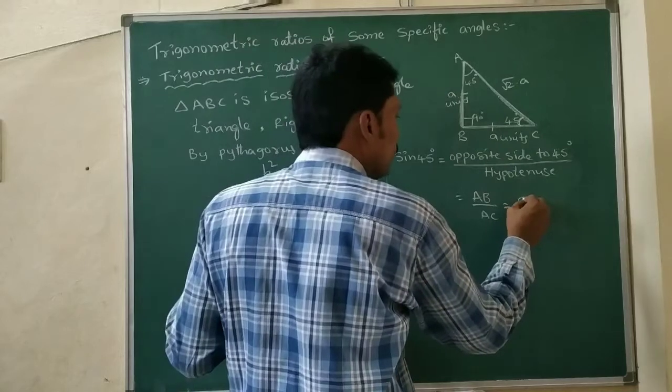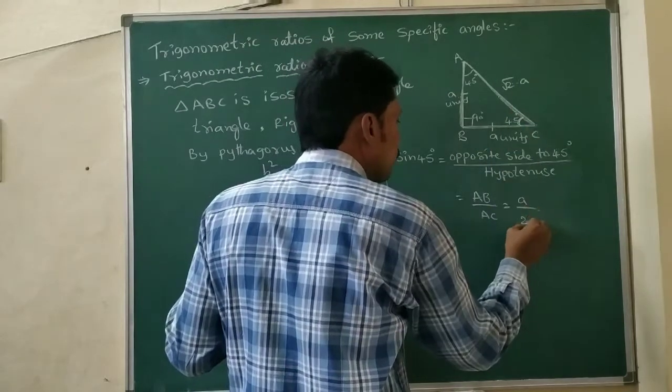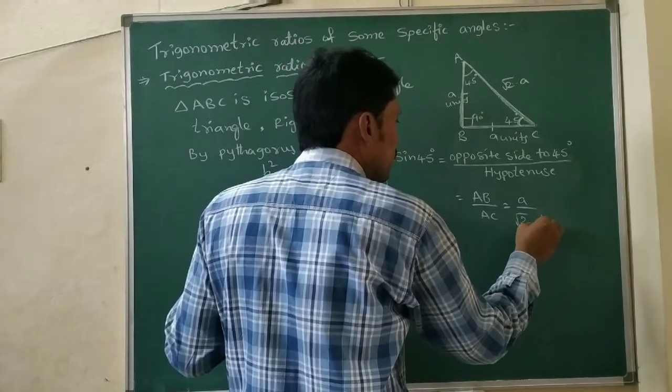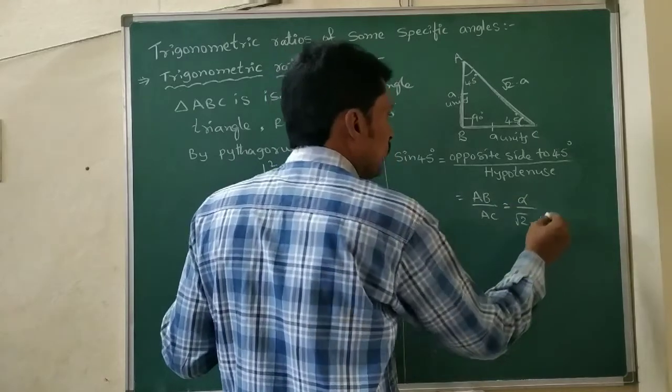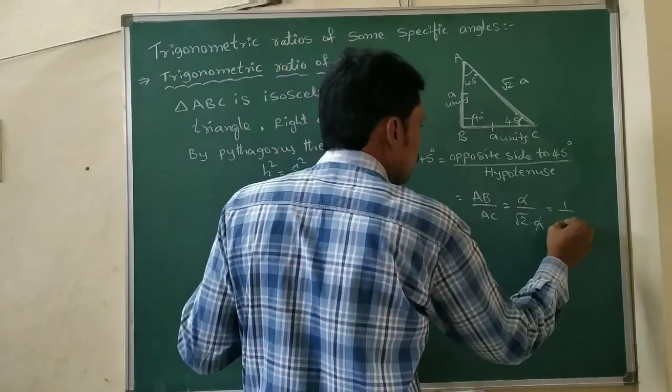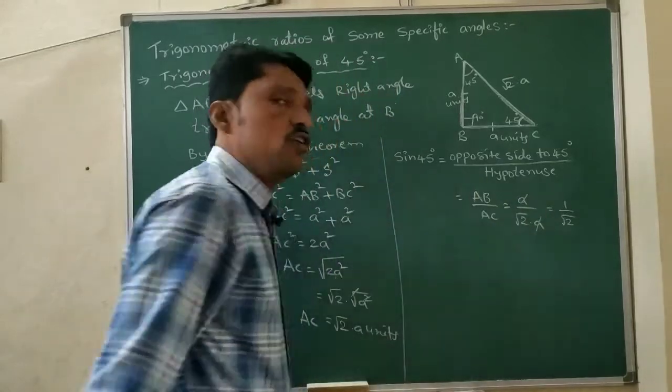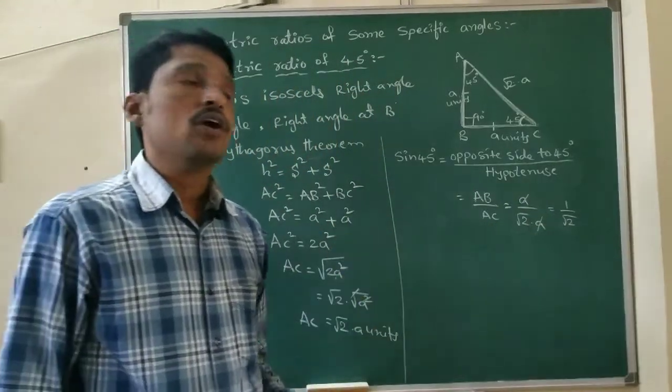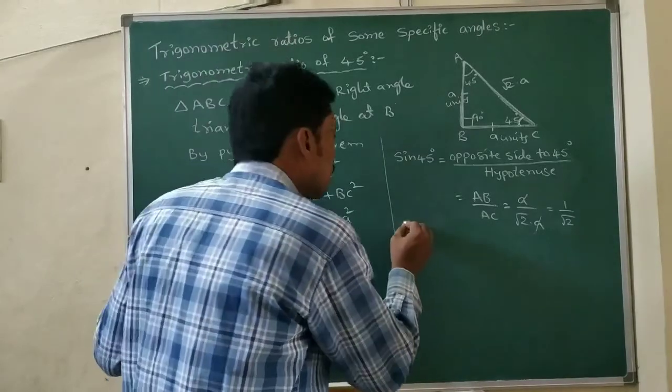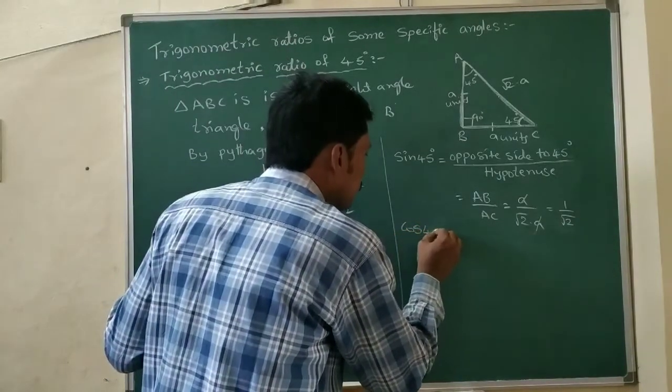AB value is A, AC value is root 2 into A. A and A get cancelled, that equals 1 by root 2. So sin 45 value is 1 by root 2.